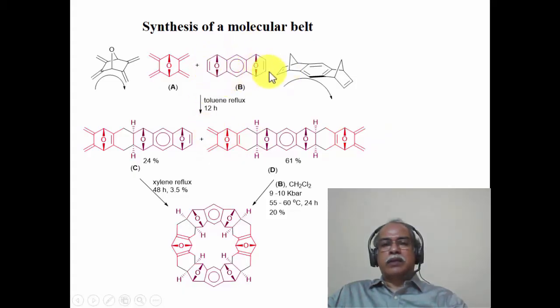This portion as well as this portion behaves like a dienophile, and it produces this cyclic structure in about 20% yield. This Diels Alder reaction is carried out at a high pressure, around 60 degrees or so, with a 9 to 10 kilobar pressure. So such a fascinating molecule has been generated by a multiple Diels Alder reaction in this particular example.